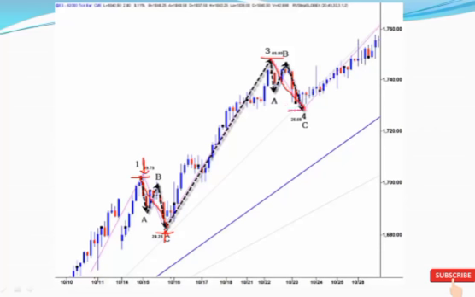Now let's just say this was 12 bars, okay, hypothetically 12 bars, and this went 12 bars and it was here and it was still correcting, and then it went 20 bars.